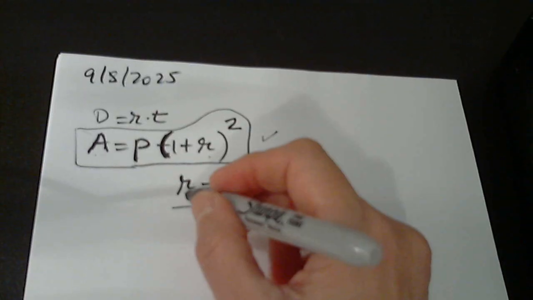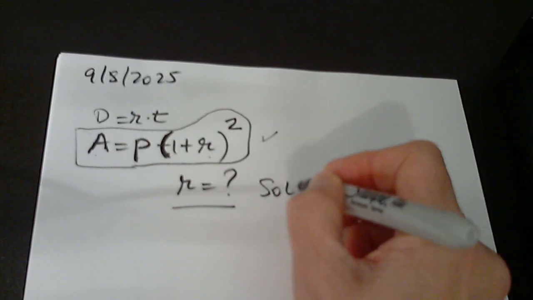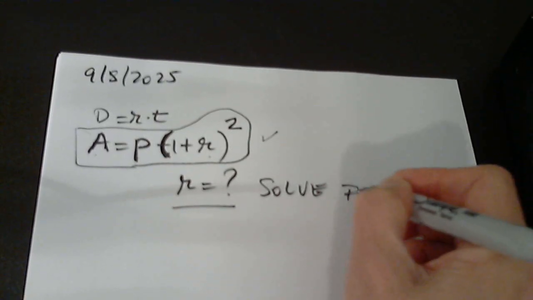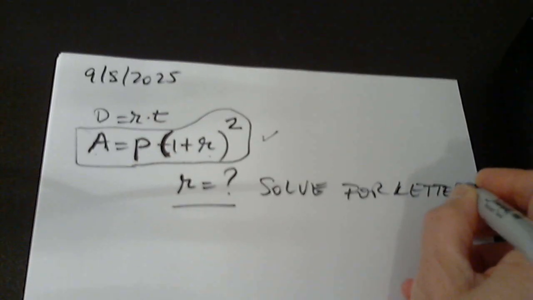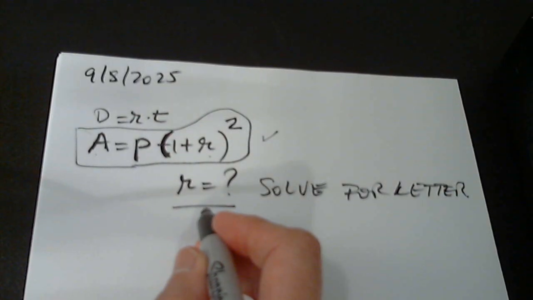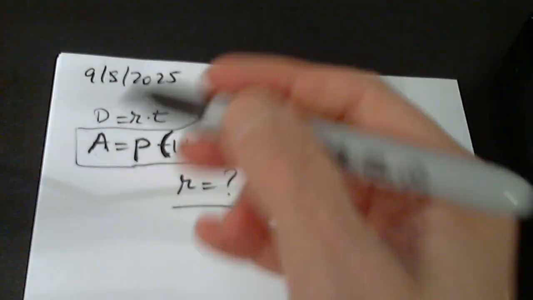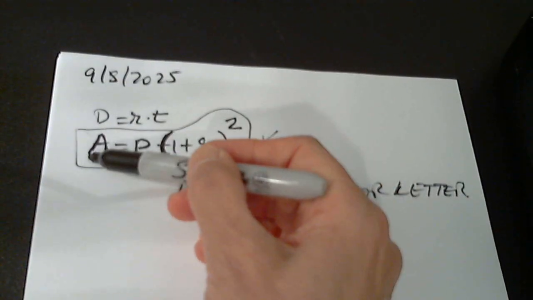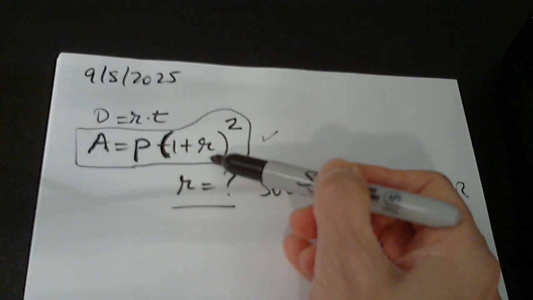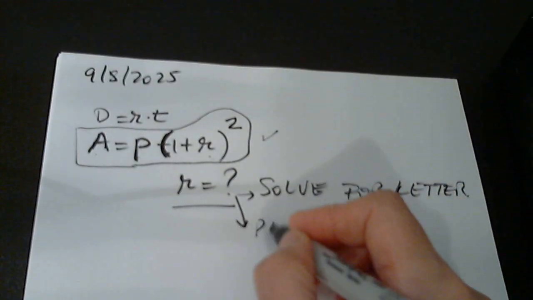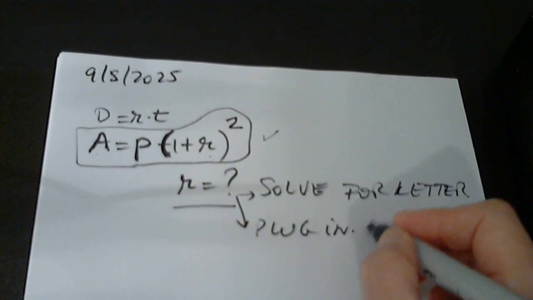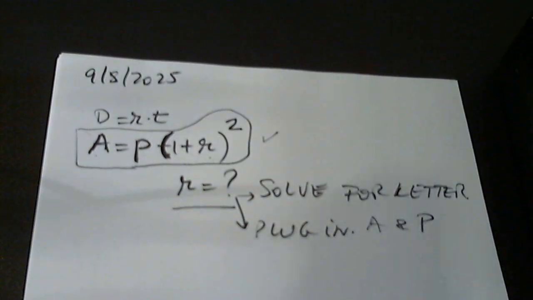One option is just solve for the letter R. And the second one is plug in this, and solve for R. So plug in A and P.